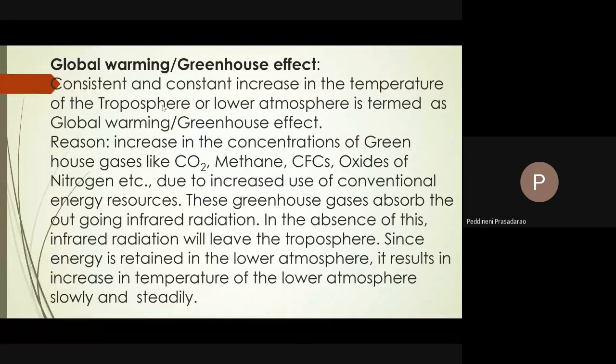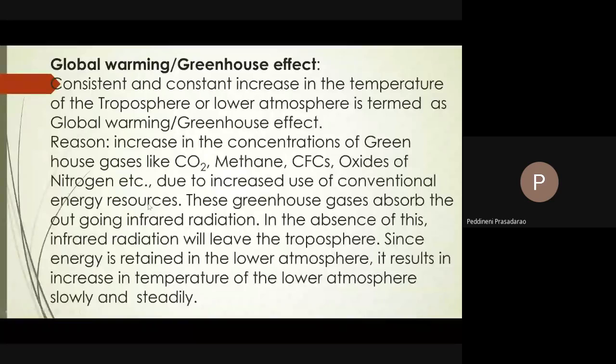So if you look at the reasons, maybe an increase in the concentrations of greenhouse gases like carbon dioxide, methane, chlorofluorocarbons, oxides of nitrogen, etc. The concentrations of these gases are increasing due to increased use of conventional energy resources.